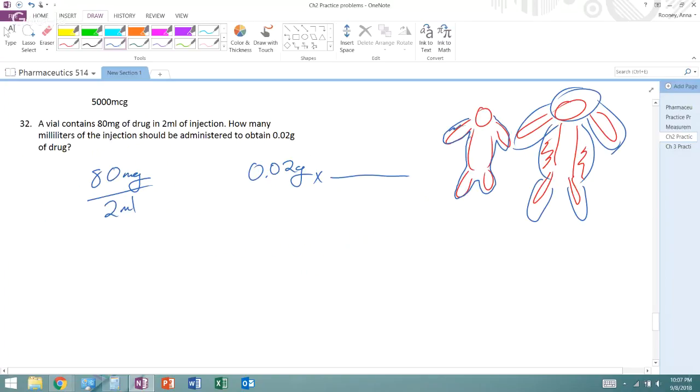So that's how much would get stuck there. So that is another reason why you might have to do this kind of calculation in that situation.